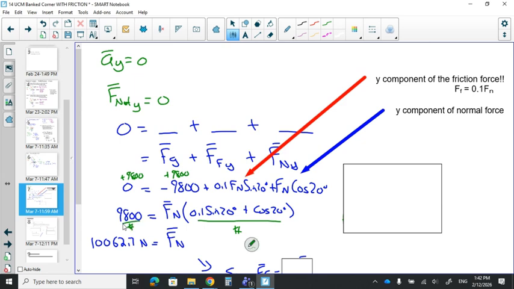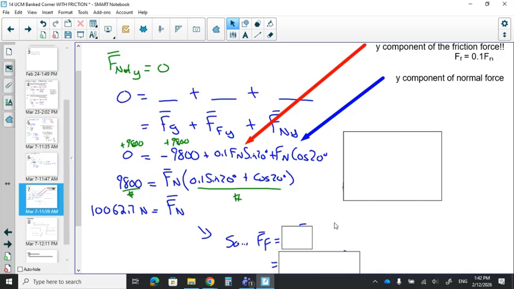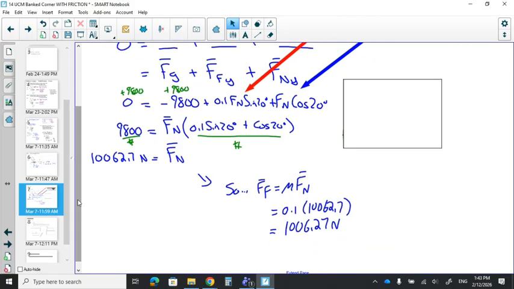Just do it on the calculator, right? End up with a value of 10,062.7 as our number. Okay, so that's our normal force. So then we can calculate our friction force. Our friction force is going to be 0.1 of that, so it's going to drop down by a factor of 10 and just be 1,006.27.